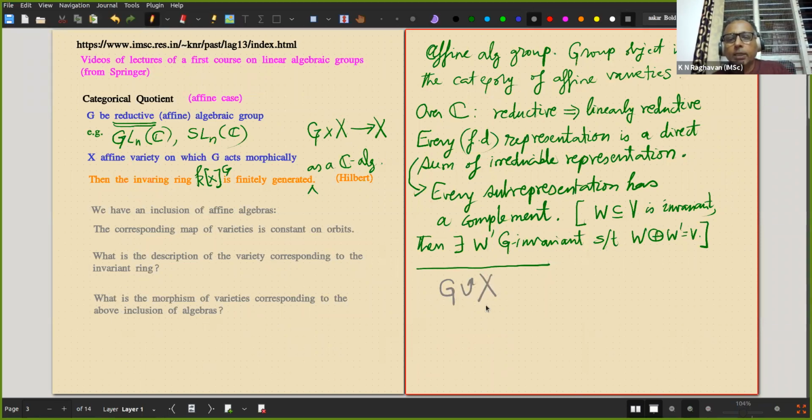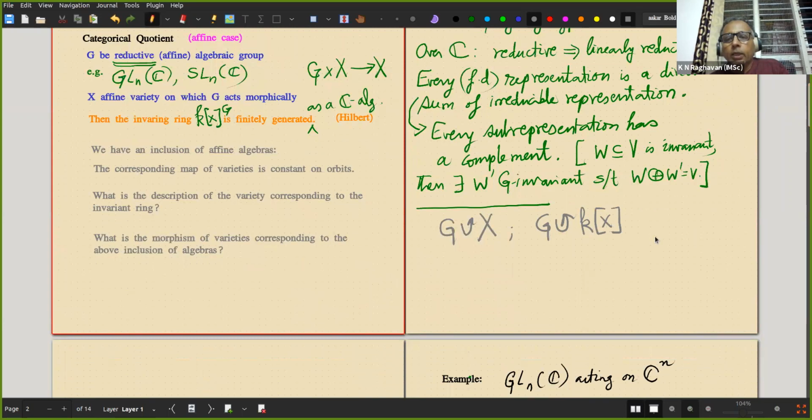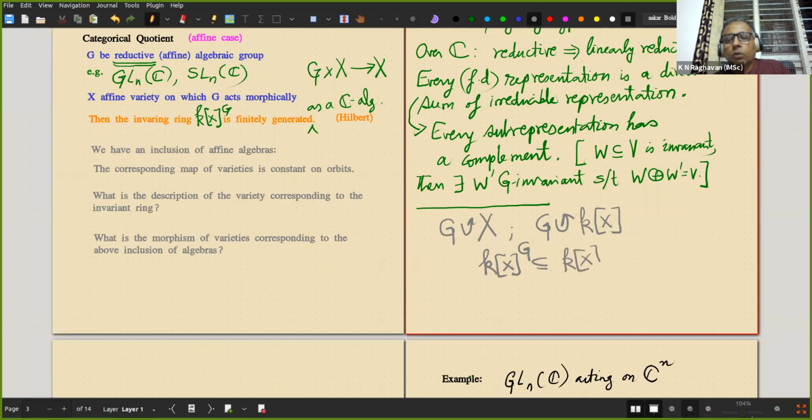And once a group acts on X, it acts on all objects related to X. So in particular, G acts on the ring of functions of X, the ring of regular functions of X, by algebra automorphism. And then I can talk about the ring of functions that are left invariant under G.